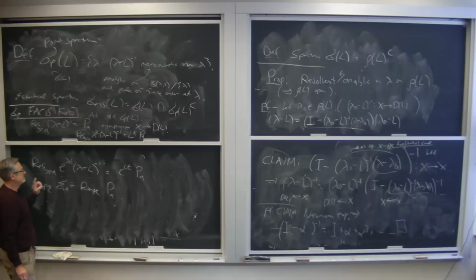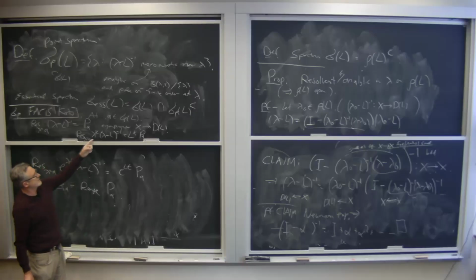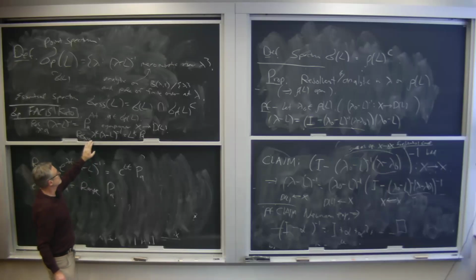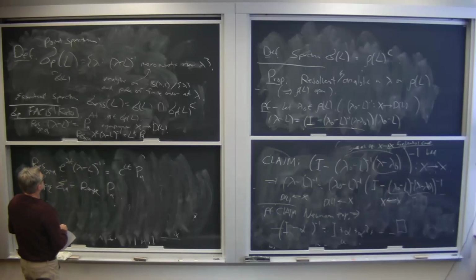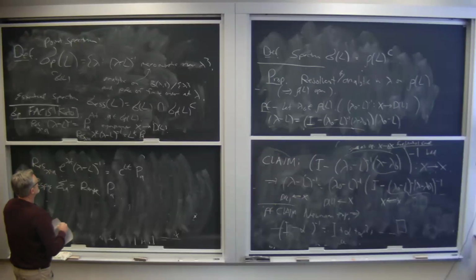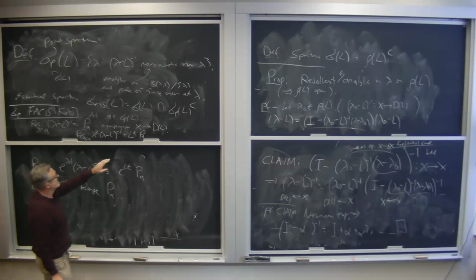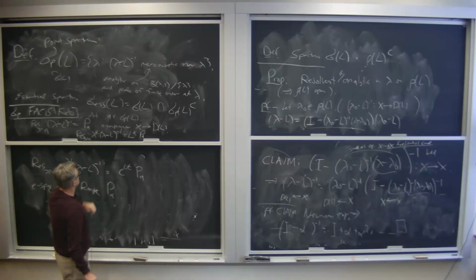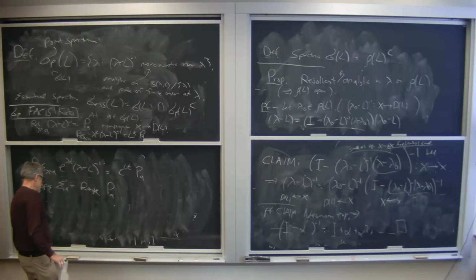But knowing that we have a pole of finite order means eventually these things disappear. So it means L, let's see, I think I said that wrong. No, that's right. If I look at L minus lambda to the K, I think that's what I want to say.